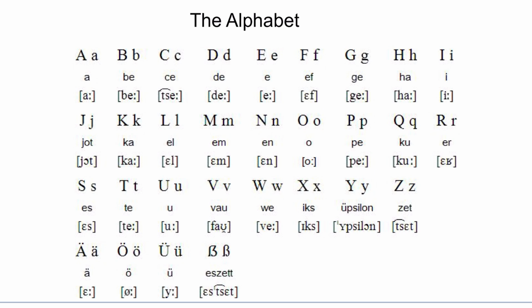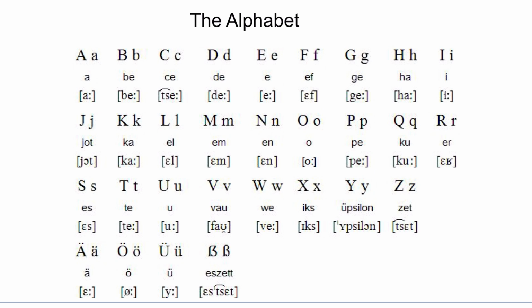Z. Now, German has 4 extra letters that English does not have. There are 3 with dots above the letter. These dots are called umlauts. So when we're talking about the letter specifically, we have A umlaut, O umlaut, and U umlaut.